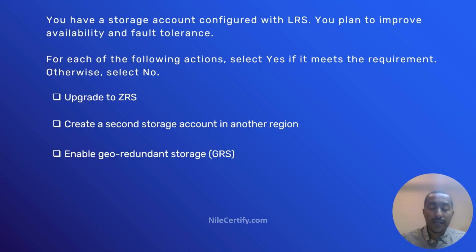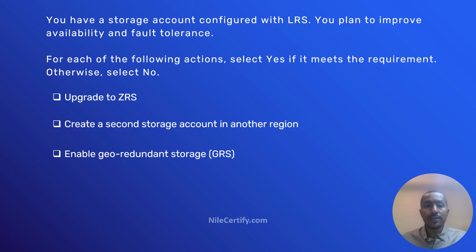What does ZRS do and how does it differ from LRS? With zone redundant storage, your data is synchronously replicated across 3 availability zones in the same region, and that's it. Only 3 copies, but instead of all of them being stored in the same availability zone, now they are spread across 3 availability zones.